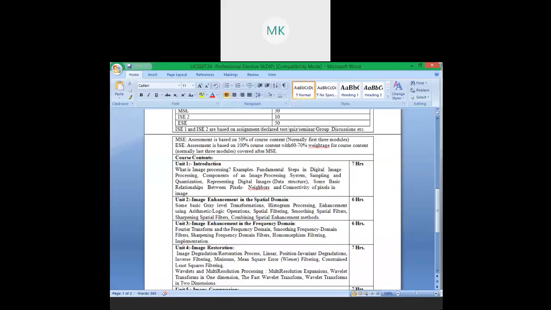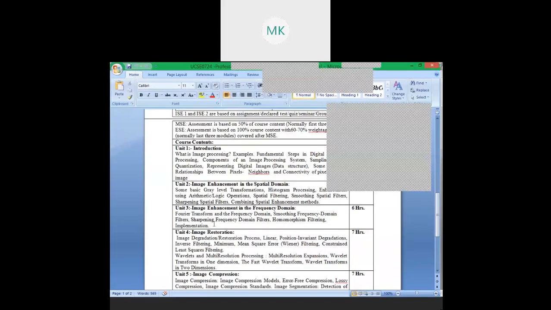In unit 3, the same is considered, but with respect to the frequency domain. Here we are going to discuss the frequency domain filters, sharpening the frequency domain filters, homomorphic filtering, and implementation. Then unit 4, which is image restoration.